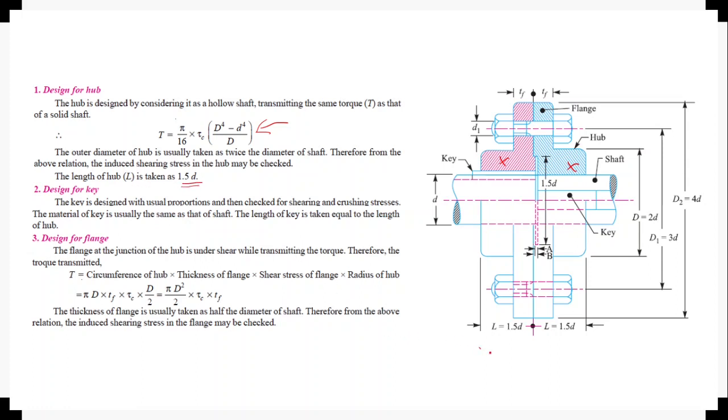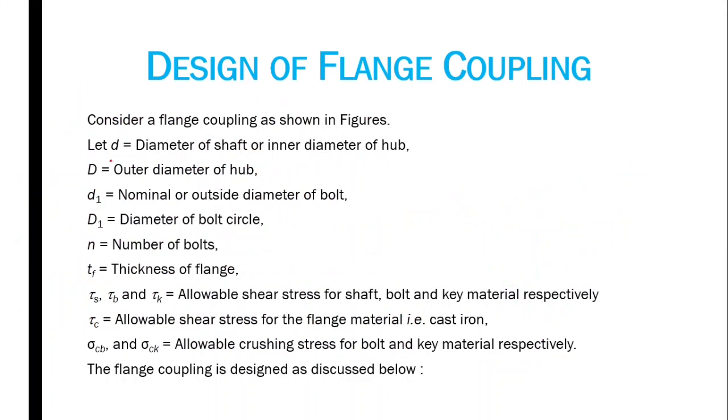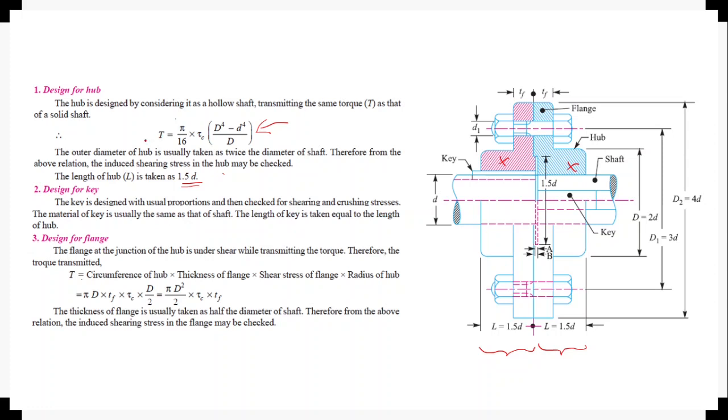Here this is the length of the hub, 1.5d on this side, and 1.5d on the opposite side also. Tau c is the allowable shear stress for the flange material, and that is the design for hub.